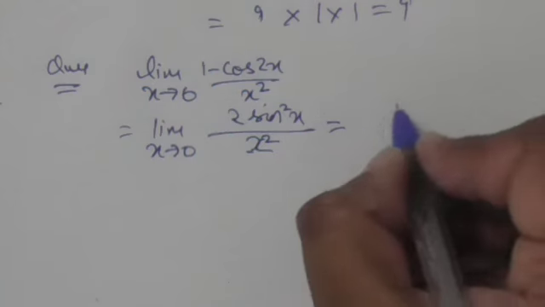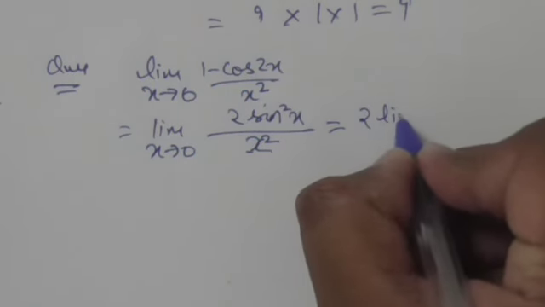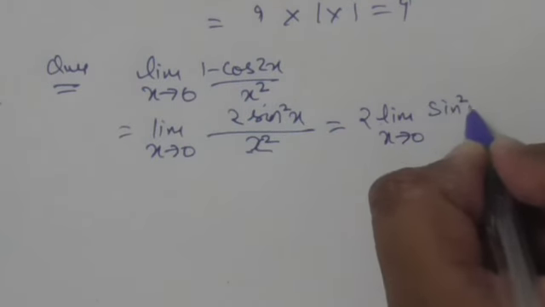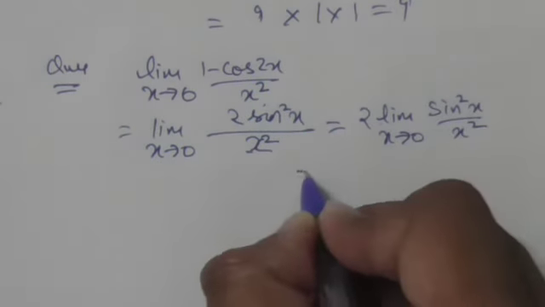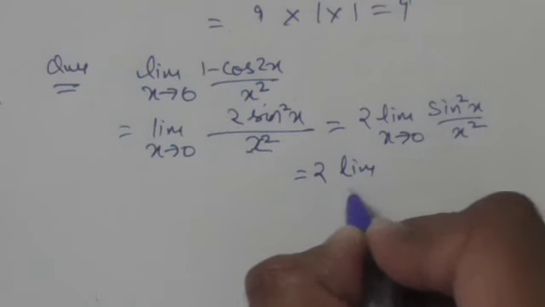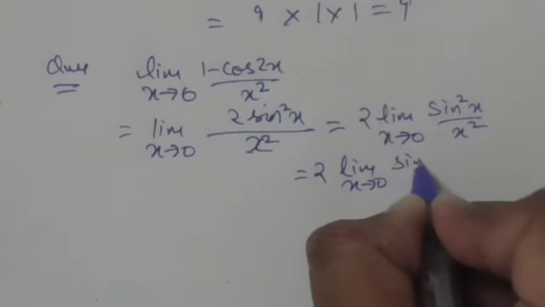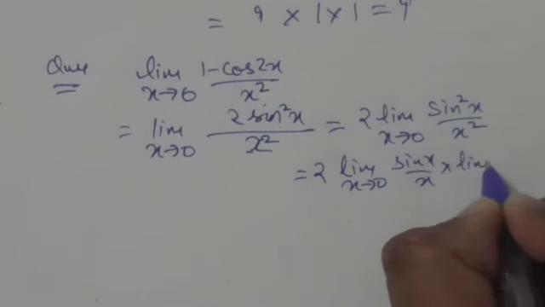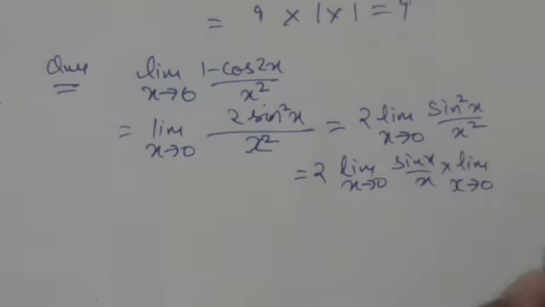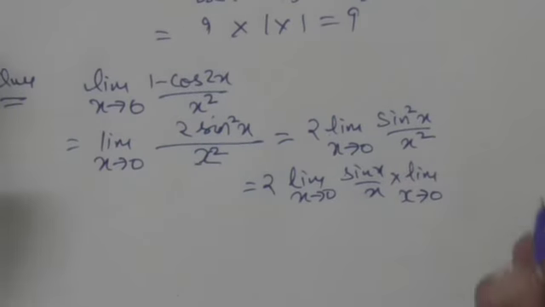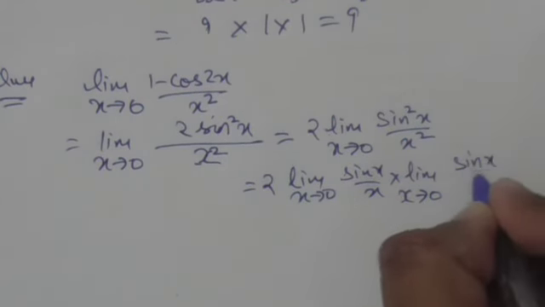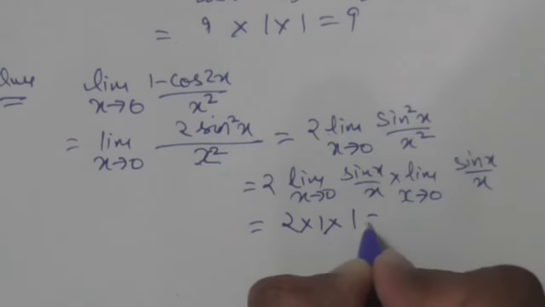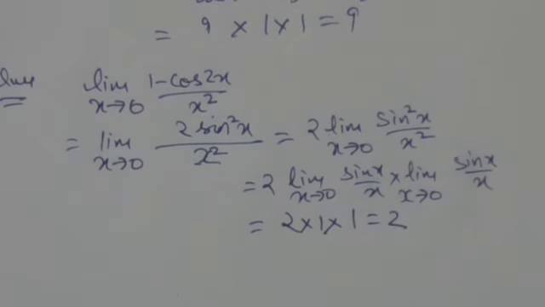Right? So it will be equal to 2 into limit x tends to 0 sin square x upon x square. It will be equal to 2 into limit x tends to 0 sin x upon x into limit x tends to 0 sin x upon x. It will be equal to 2 into 1 into 1 is equal to 2. So the answer is 2.